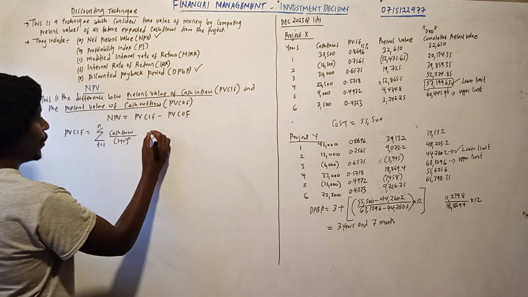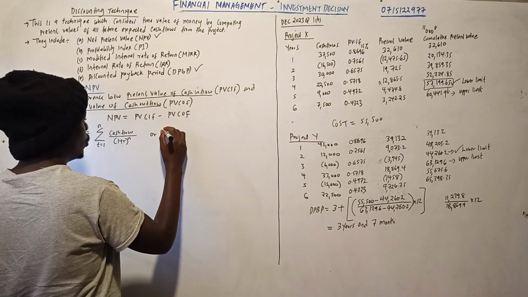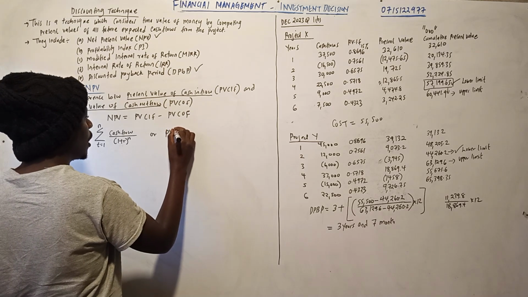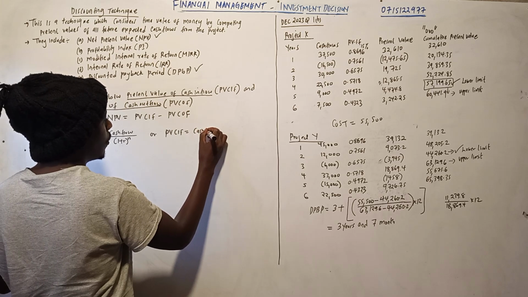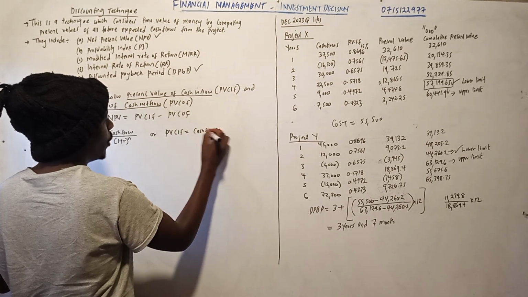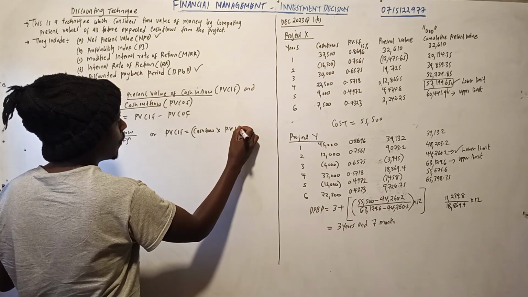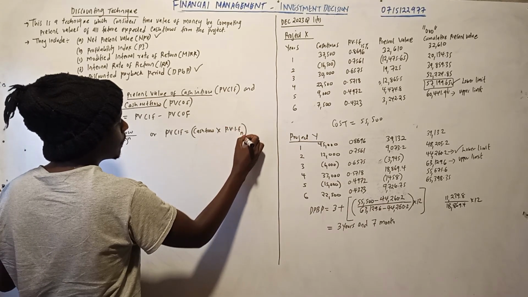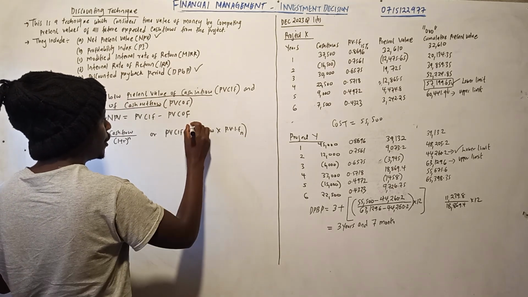Or you can just say the present value of cash inflow is equal to the cash flow multiplied with the discounting factor, the present value interest factor for N period. Remember, it's supposed to be the summation.